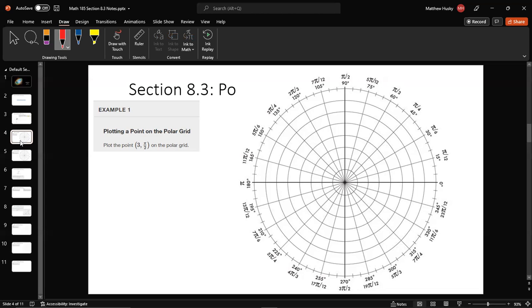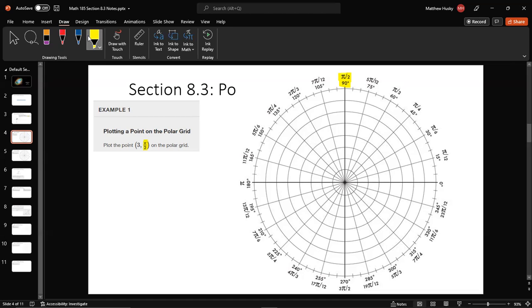So whichever way you want to measure it, they're both there. So really what we'd probably want to do first if we were to graph this is we'd want to find where pi over 2 is, which you will notice is right there. Pi over 2 is radian speak for a 90-degree angle.